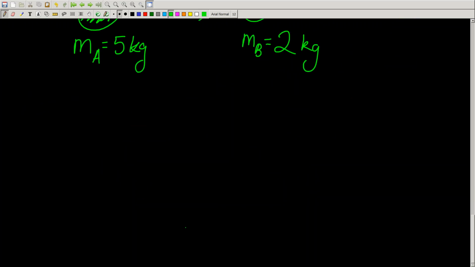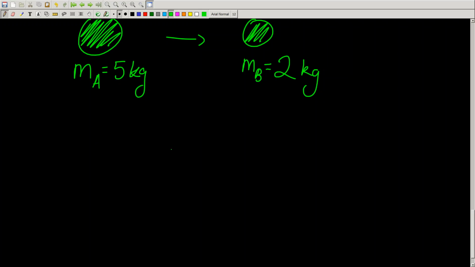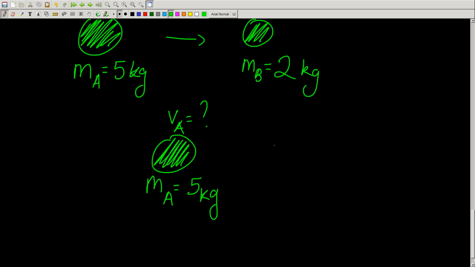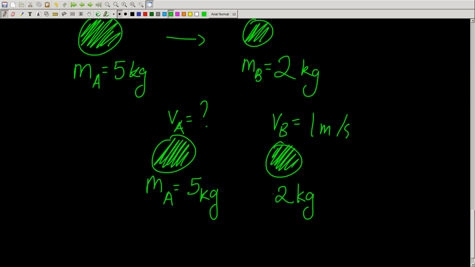And then after the collision, ball A is now moving at some speed that I need to figure out. Ball A's mass is still 5 kilograms, and ball B is moving at, let's say, 1 meter per second at 2 kilograms.